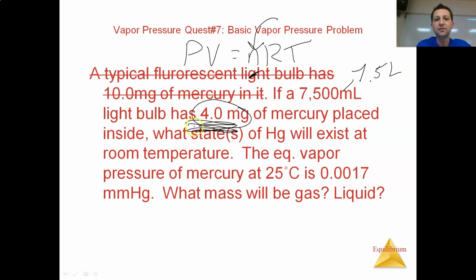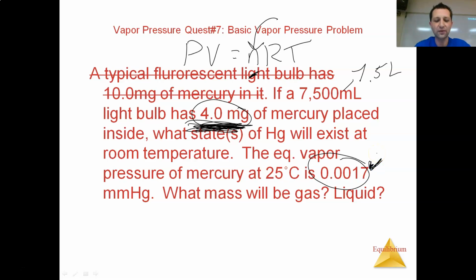So you could turn all of this liquid mercury into a gas and see what the pressure is and compare it to the vapor pressure that you're allowed to have. Or you can take the vapor pressure, convert that into moles and then milligrams and compare it to this. What mass of mercury would be needed to create this pressure in the light bulb?